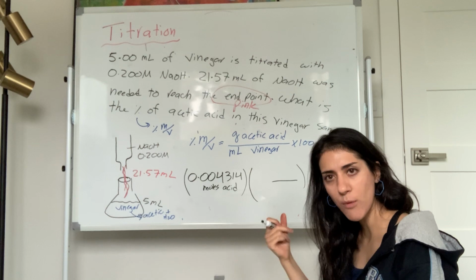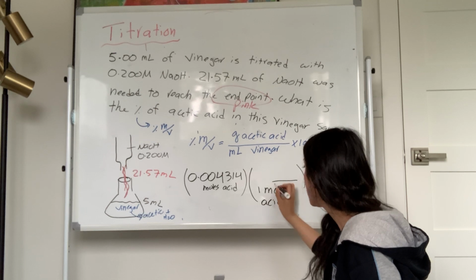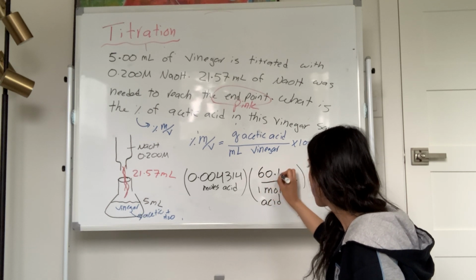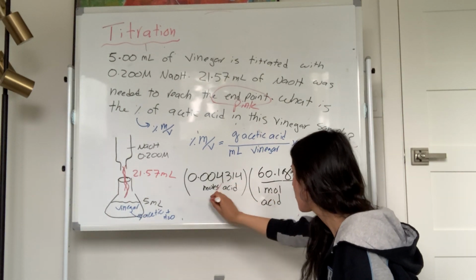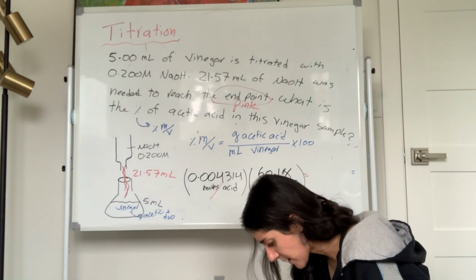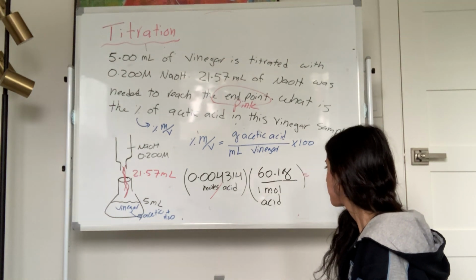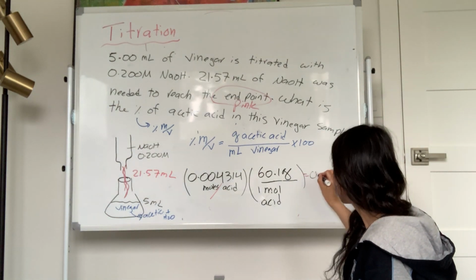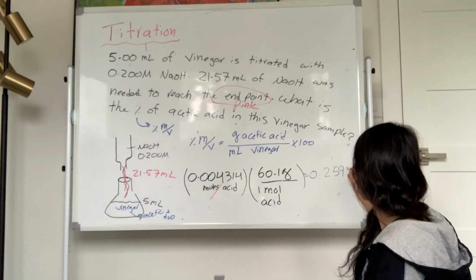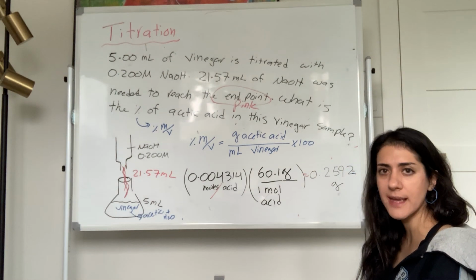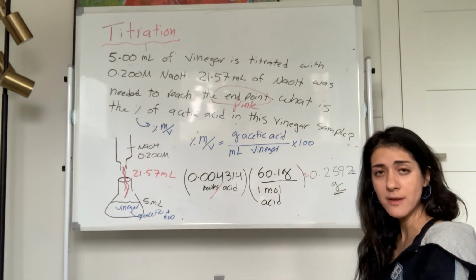Molecular weight. 1 mole of acetic acid, if you look it up, is 60.1 gram. So the moles cancel out, okay? You ready? You have a calculator out? 60.1. When you do that, what do you get? What you end up getting is 0.2592 grams of acetic acid. You still following me? Okay.